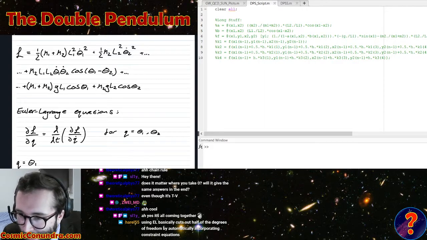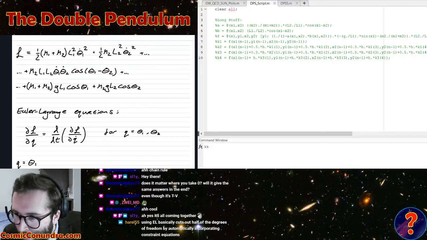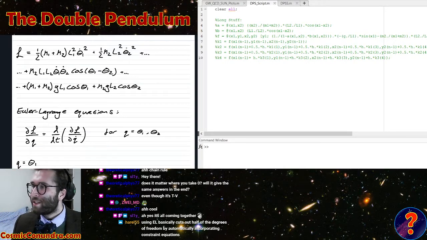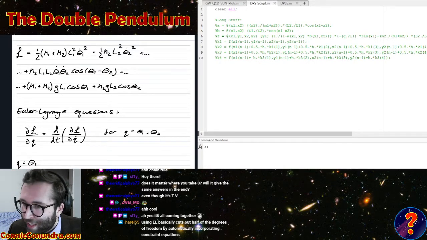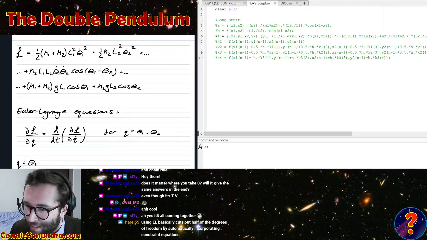Using Euler-Lagrange basically cuts out half of the degrees of freedom by automatically incorporating constraint equations. Does it? Surely, I mean, it doesn't. It sort of contains within it conservation of energy. If your Lagrangian is not time dependent, then you can show that a certain quantity related to it, the Hamiltonian, is conserved. But I don't know if it automatically includes the constraints, does it?